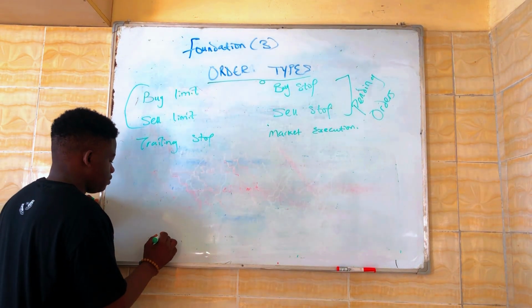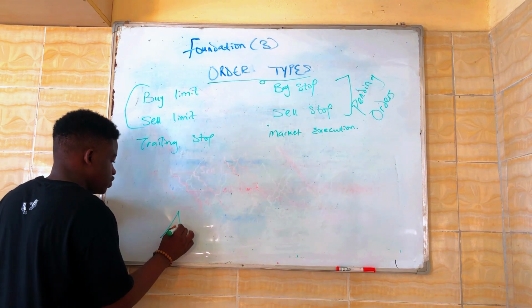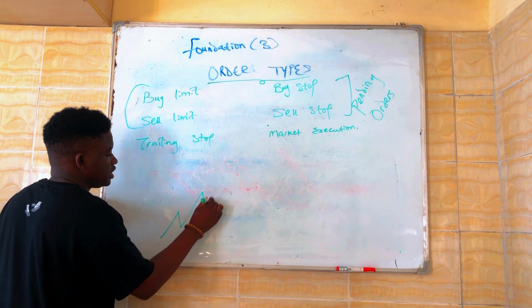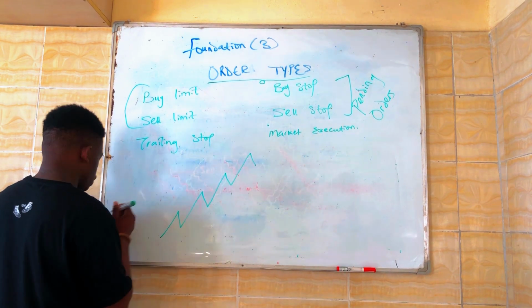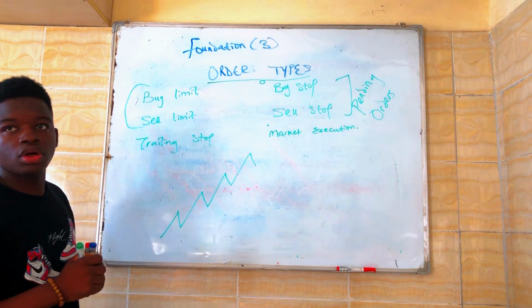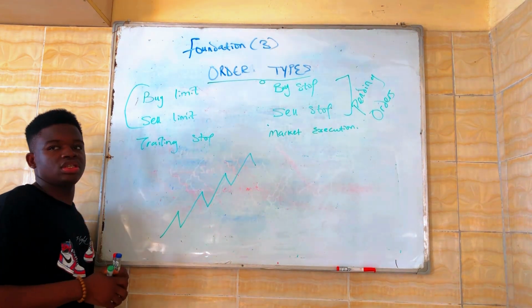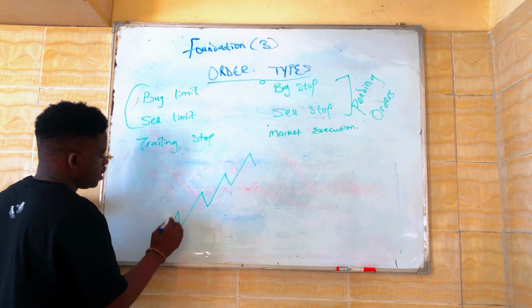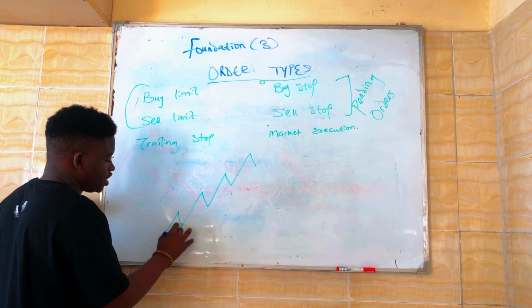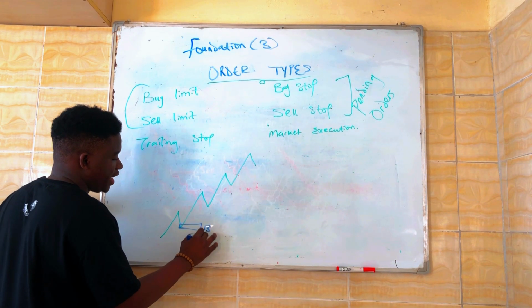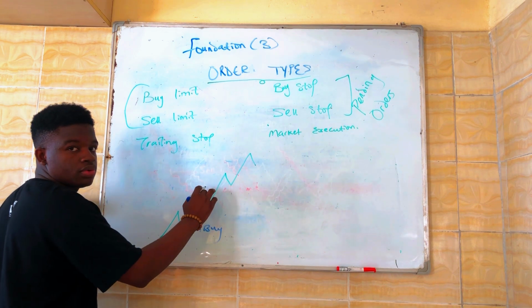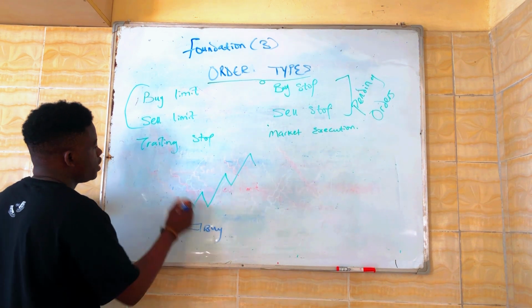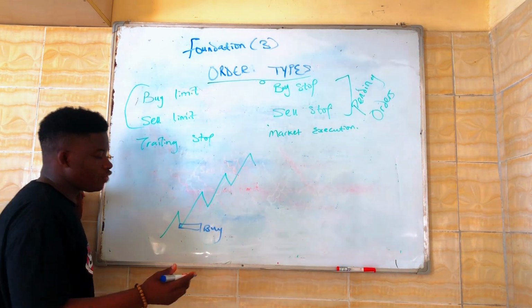So let's say price is moving up, you have a retracement or a pullback like this. So you could set your trading stop to be accompanying your trades in any given direction at all. So which means if let's say I took my trade here, I entered for a buy here, and the price is going up, right? There's a little retracement and it keeps going up. My trading stop will be protecting my profits.